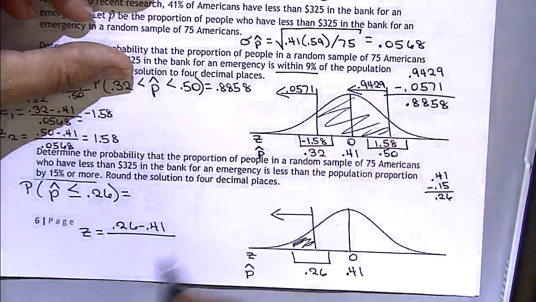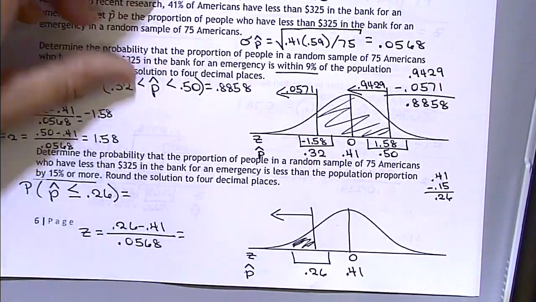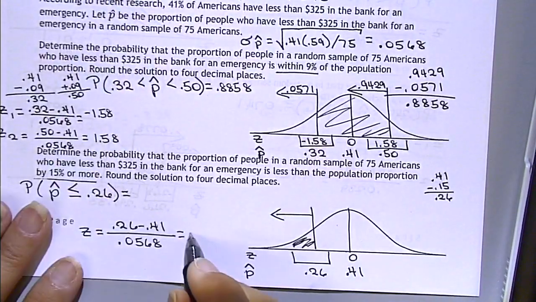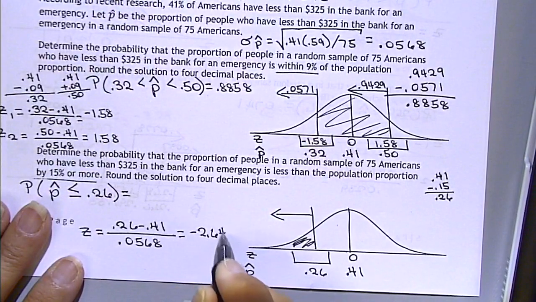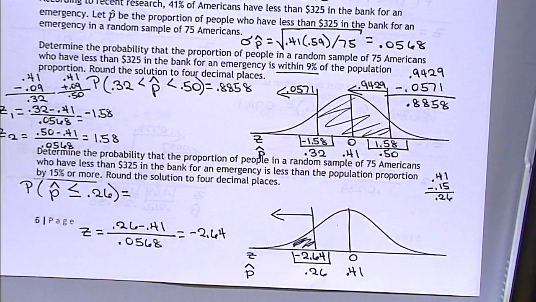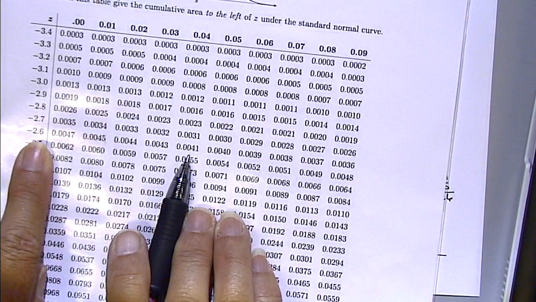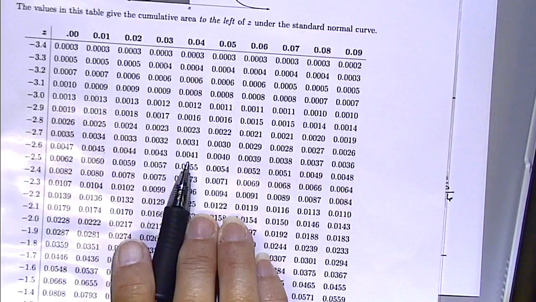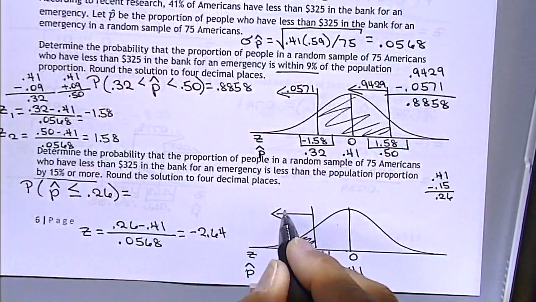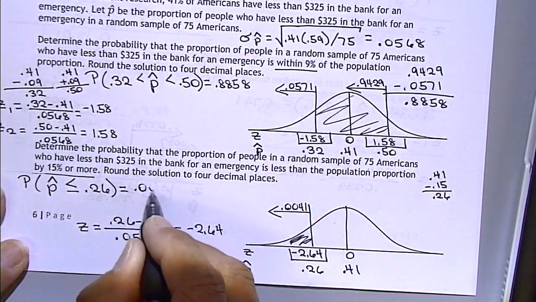I didn't need to recalculate the standard deviation because they did not change the sample size on me. And I'll get a negative 2.64. With that negative 2.64, all I have to do is look it up. It's an area to the left problem. Negative 2.64, 0.0041. That's it. That's my answer.